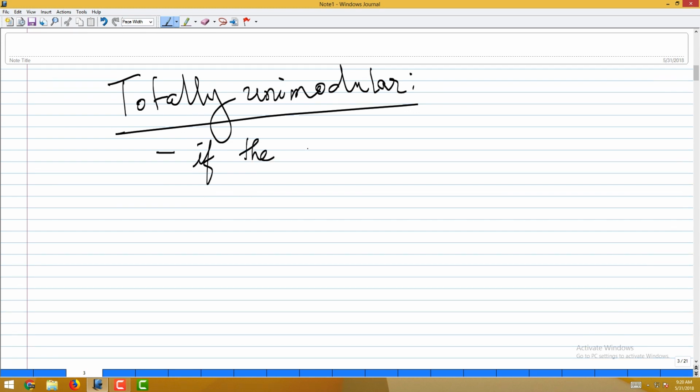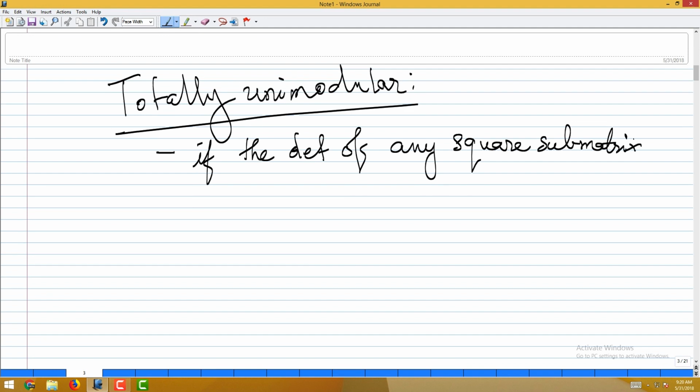If the determinant of any square submatrix, so this is where we are going to use the determinant. Obviously, we need to talk about the determinant for a square matrix. So, the determinant of any square submatrix is 0, plus 1 or minus 1.